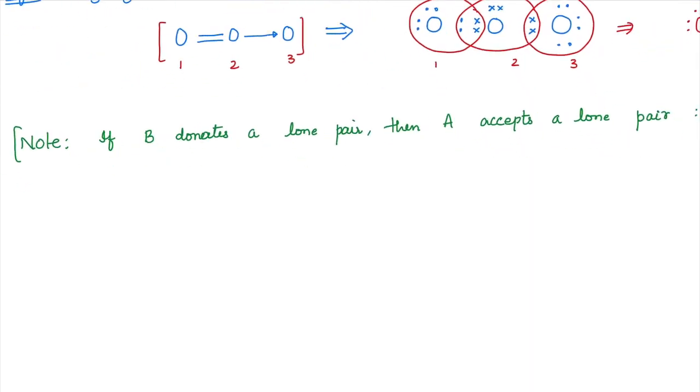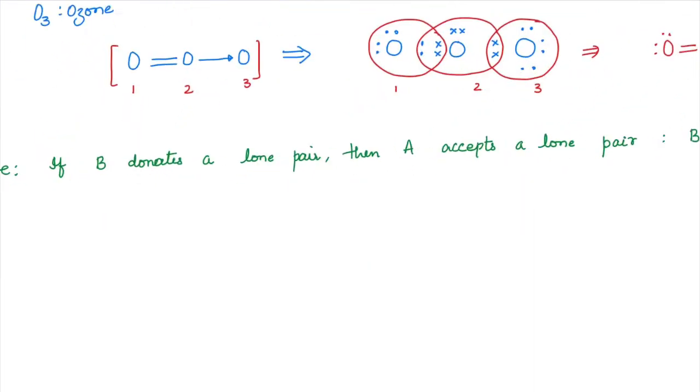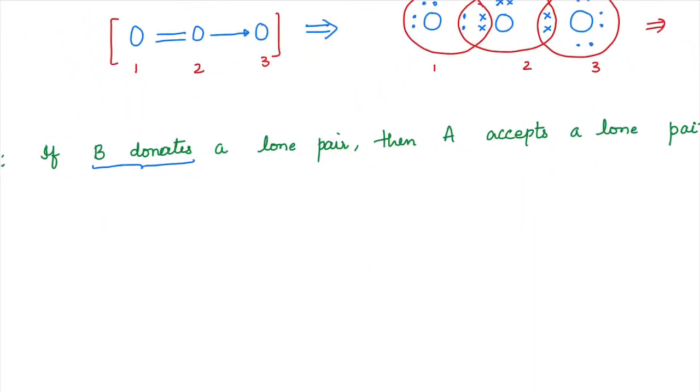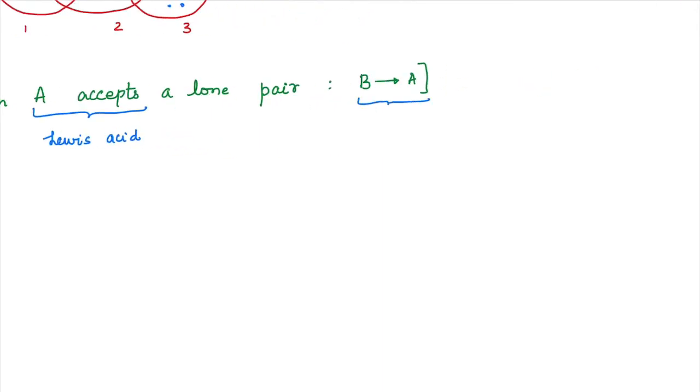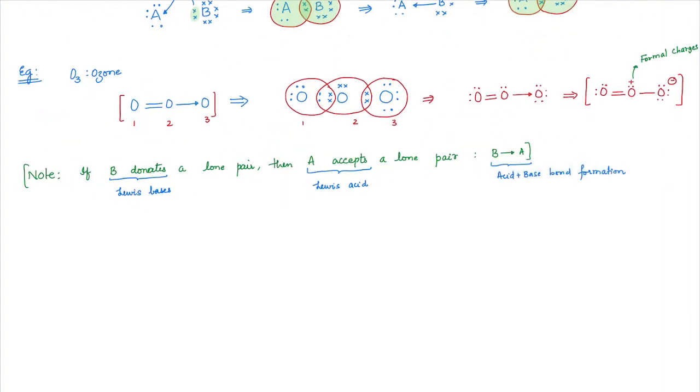When this type of bonding happens, the donating species is called the Lewis base, and the accepting species is called the Lewis acid. So the bond formation between them is nothing but an acid-base bond formation. The donating species is always the Lewis base, the accepting species is always the Lewis acid. So it is like an acid-base reaction happening between them, and that reaction happens by bond formation.